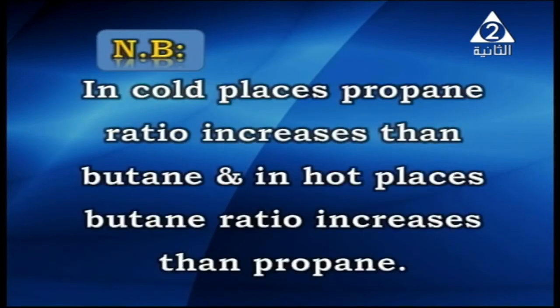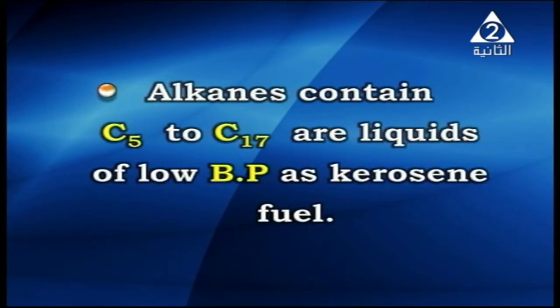Notice that, my dear students, in cold places the propane ratio increases over butane, and in hot places the butane ratio increases over propane. Alkanes containing 5 carbon atoms up to 17 carbon atoms are liquids of low boiling point, such as kerosene fuel.